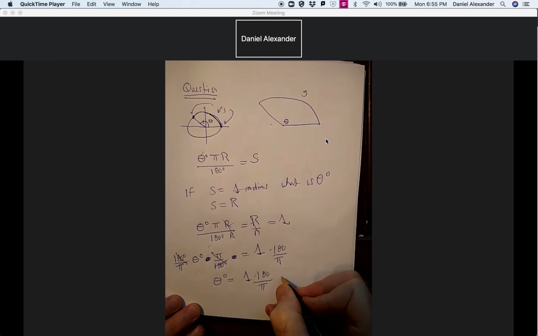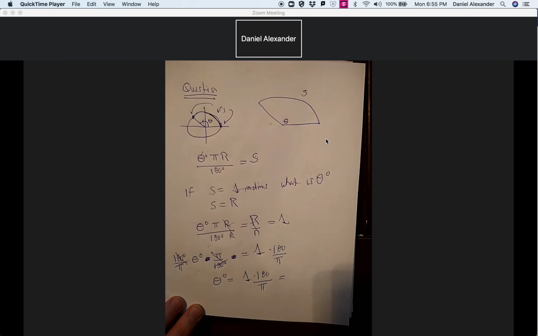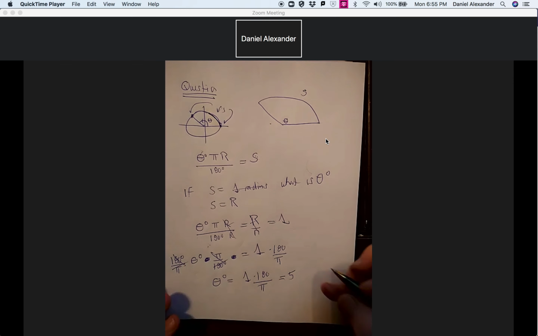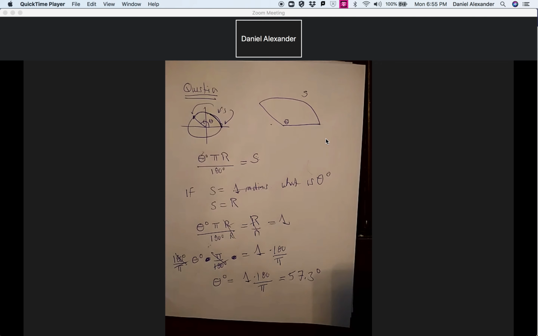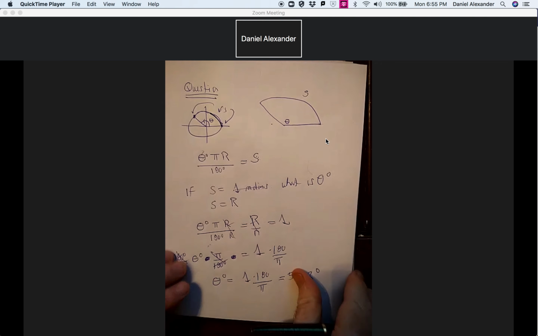I put that in my calculator, and what this rounds to is 57.3 degrees.